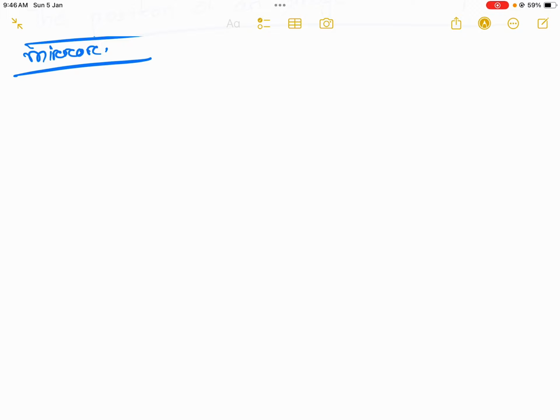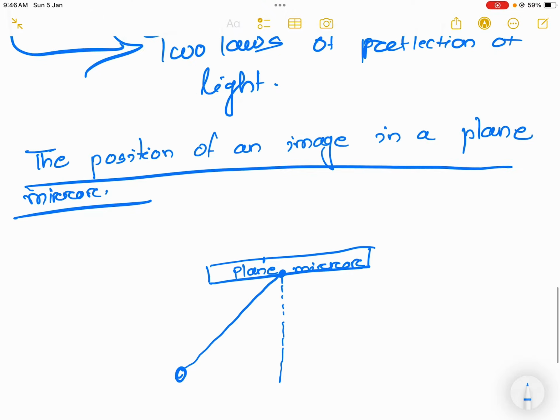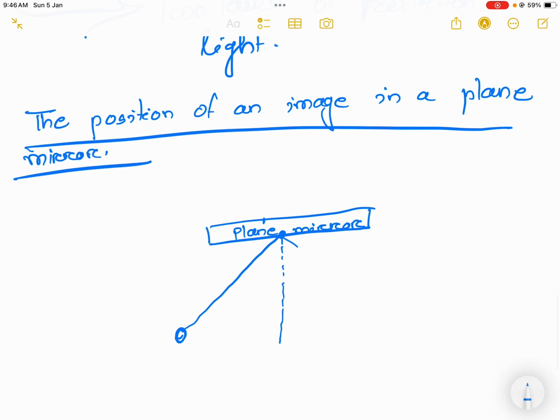Suppose you have a plane mirror. Let's say you have an object here. If you draw the incident ray here, this is the point of incidence. Now draw a normal and you will have a reflected ray here.